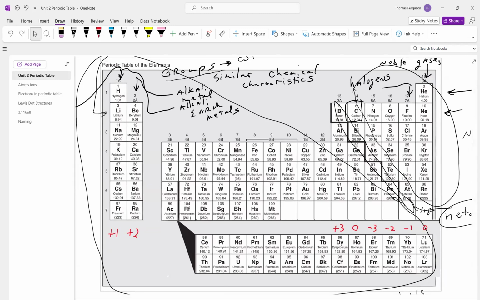Carbon will be a +4 or a -4, so it does neither. And then it backs down from carbon: nitrogen -3, oxygen -2, the halogens -1, and the noble gases are 0. So they're very systematic.